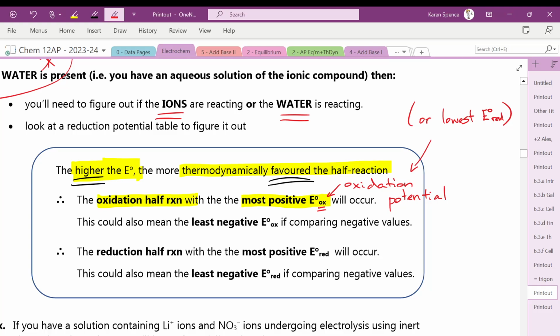Now, when we say most positive, what if we've got two negative values? Well, obviously, that means you're going to go with the one which is less negative than the other, because that's the same thing as more positive. Yes?